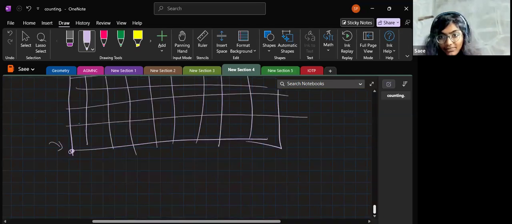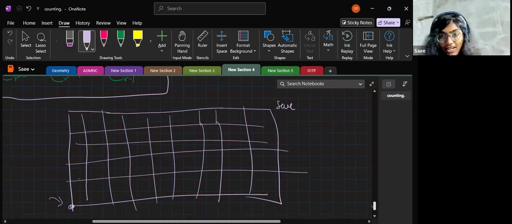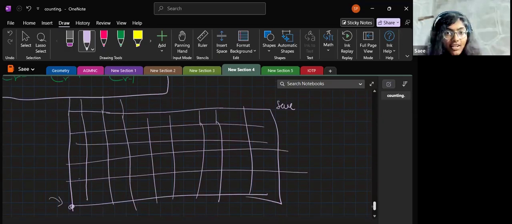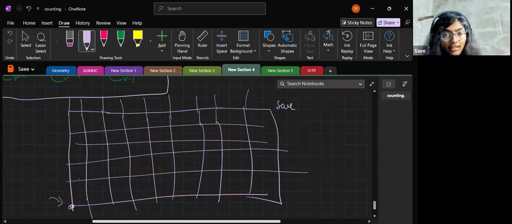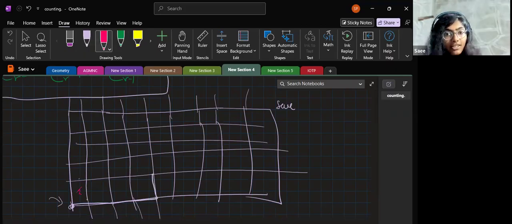Let's have an infinite grid for now. It's a very big grid. For whatever reason, he only likes to travel on these lines. Maybe there's lava in the middle, so you're not allowed to go here.